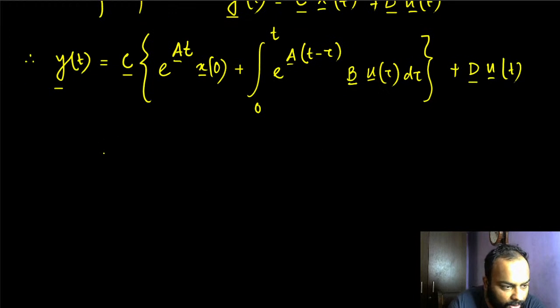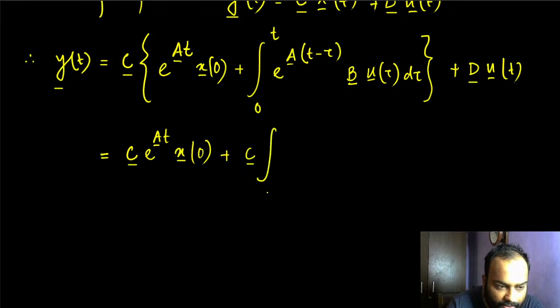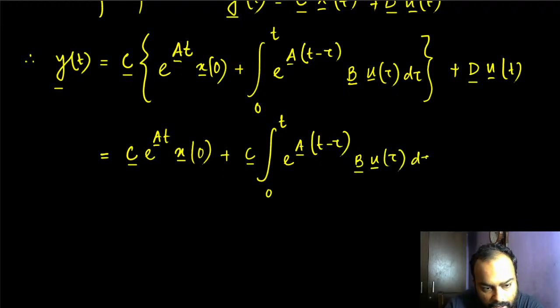Now let's multiply these accordingly. Because this C will be pre-multiplied everywhere, let's multiply that. So C e to the power At x0 plus C times the integration from 0 to t of e to the power A(t minus tau) B u(tau) d tau plus D u(t).